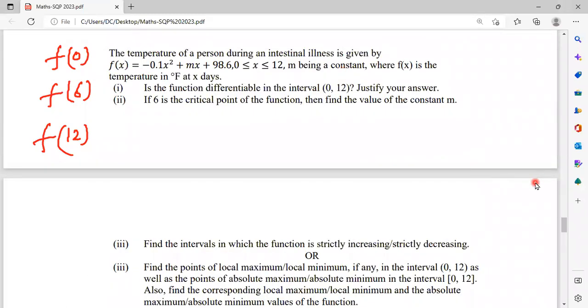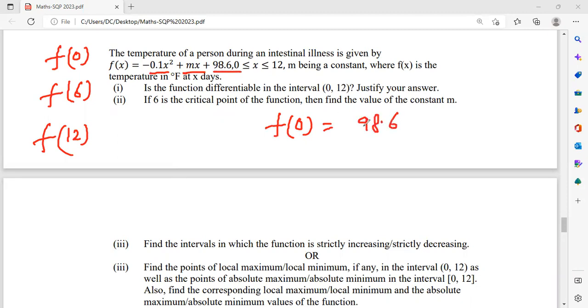F(x) is this. So for f of 0, x equal to 0, we put here. F of 0 is 98.6.